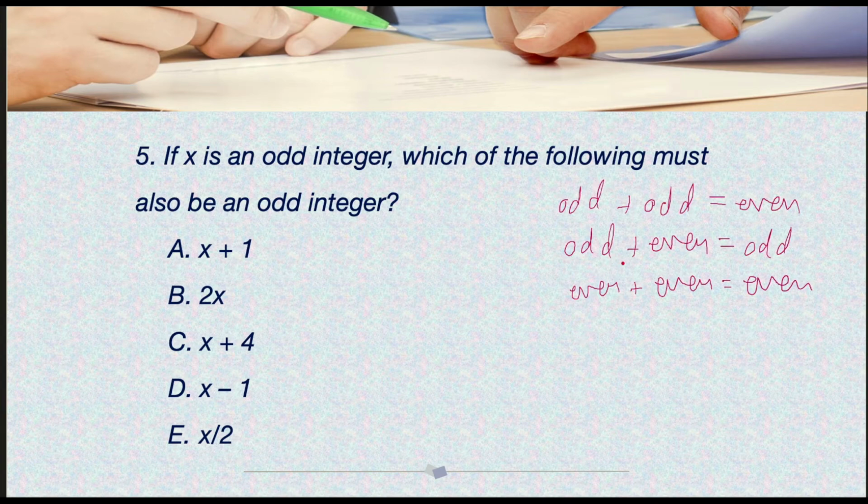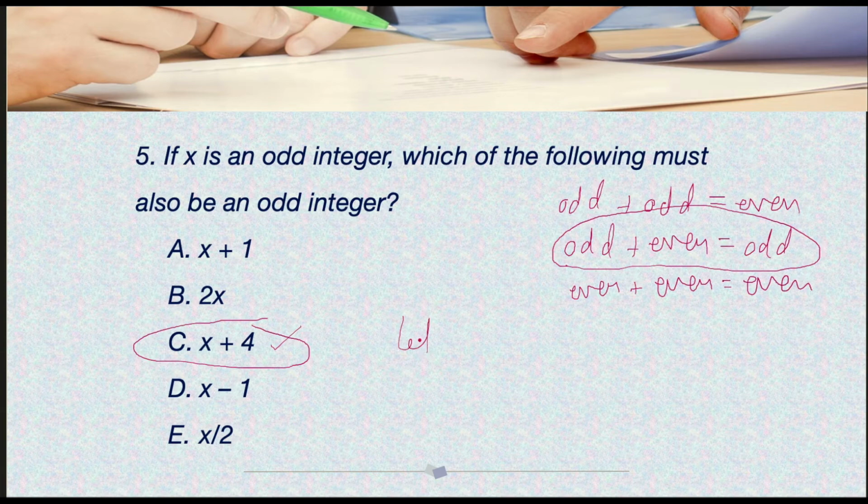Okay, so which one here will give us the answer to the question? I think this one will give us the answer to this question. Odd number plus even. So which one here is even? This one, letter C. X plus 4 is equal to odd number.